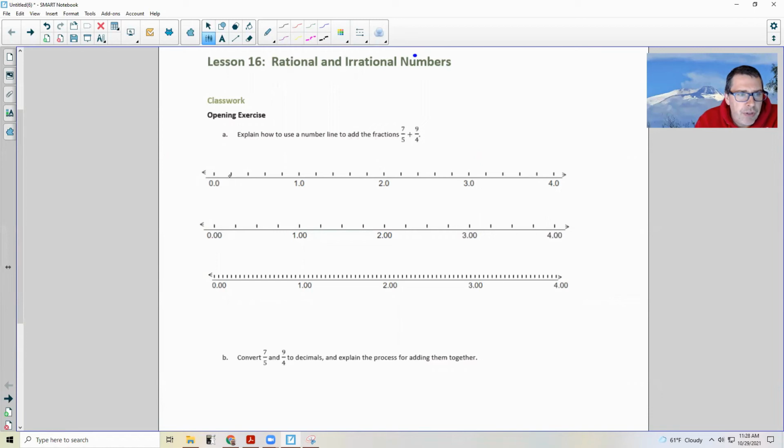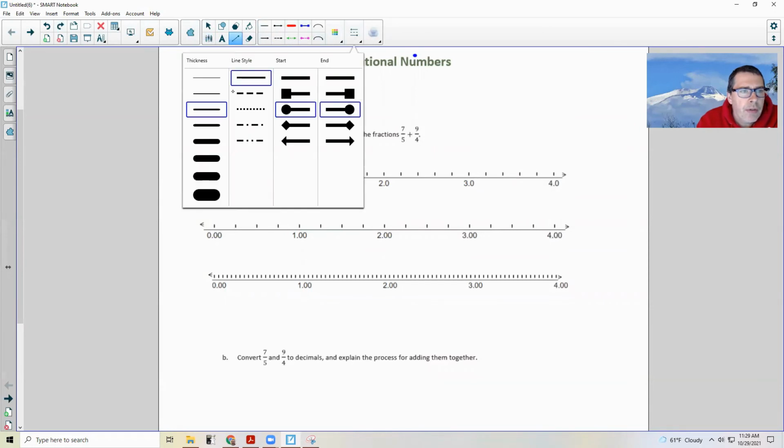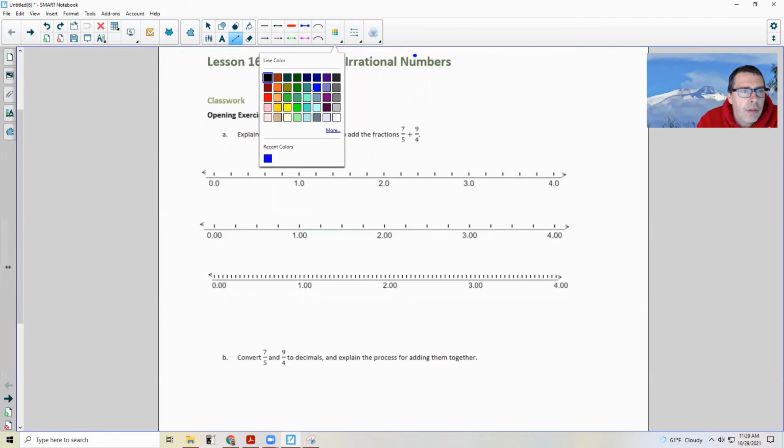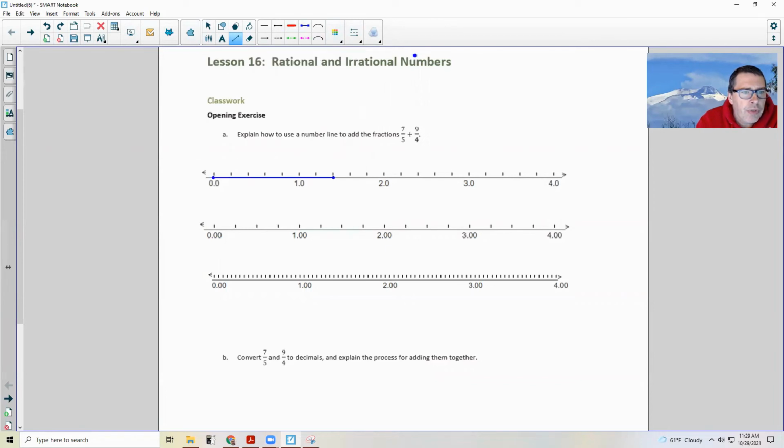Okay, 1/5, 2/5, 3/5, 4/5, 5/5 is 1. So 7/5 would go from zero to 7/5 right there.